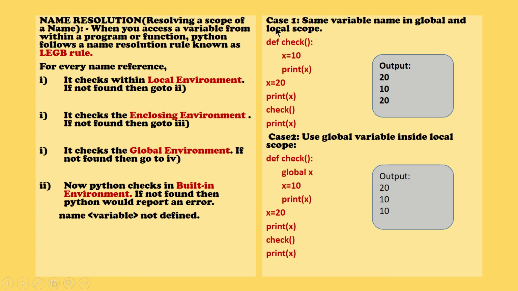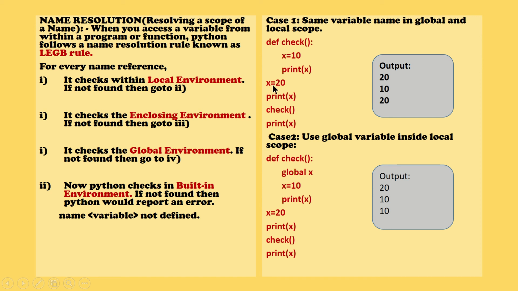Now let us consider the case: the same variable name in global and local scope. I am using the same variable name in the local and the global scope. Now look at the function def. The function starts here. The name of the function is check. Inside the function I have declared the variable x and I am printing the value, and these are the statements written at the top level.